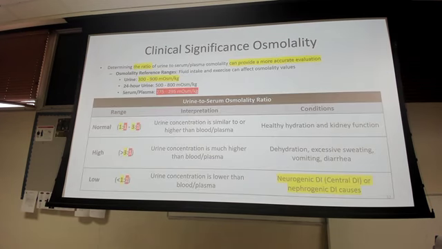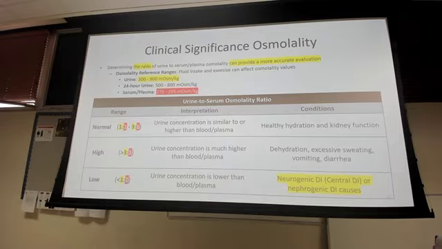It breaks it down a little bit better. So we're looking at the ratio of urine to serum plasma osmolality. Normal values for urine osmolality are 300 to 900 millimoles per kilogram. In a 24-hour urine, it's 500 to 800, and in serum plasma, 275 to 295.